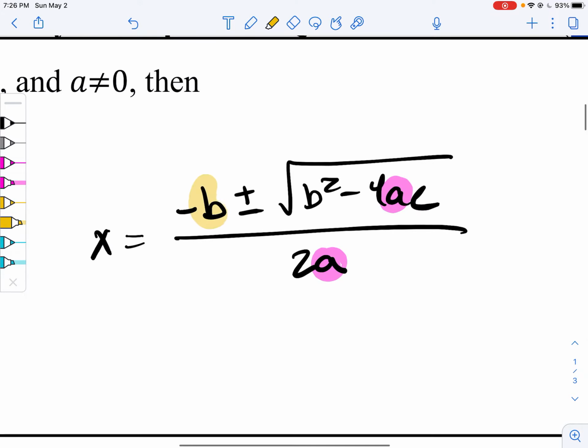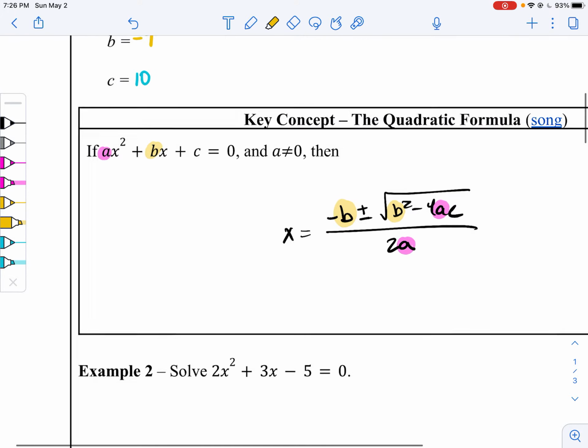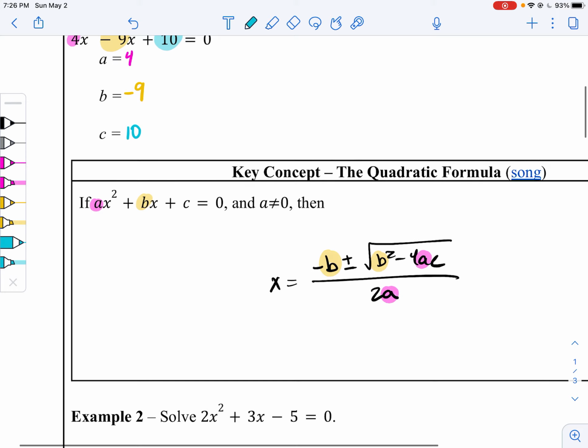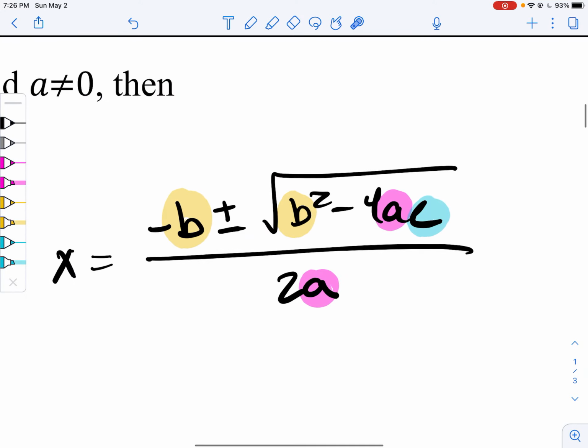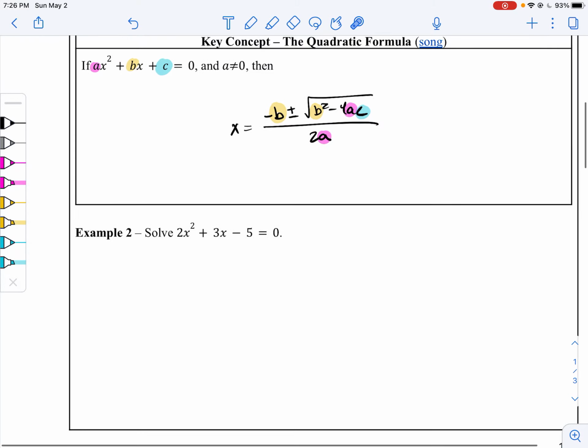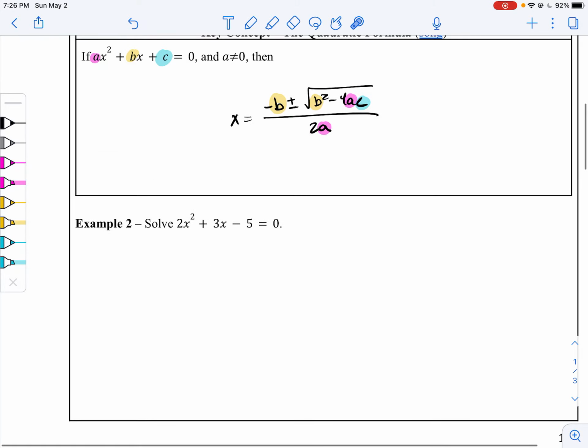He's the star of the show, really. He's out in front and he gets squared. And then c is that guy who's always off to the side, who's like, oh yeah, I'm here too. Right back there. So there it is, the quadratic formula. Now you can use the quadratic formula to solve literally any quadratic ever.